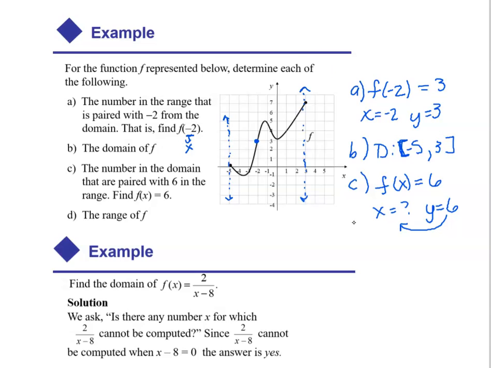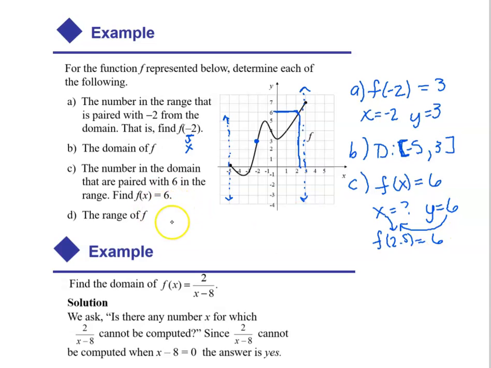We would look at 6, and if you draw a line through here, it looks like we're going to have to estimate a little bit, but we're at about 2.5. So f of 2.5, which is x, is equal to 6.